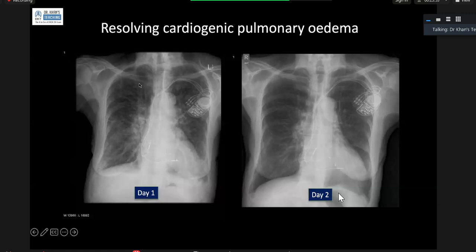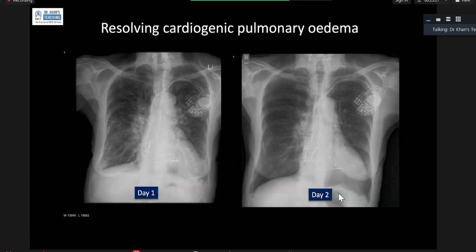Now, cardiac failure, cardiogenic pulmonary edema responds very quickly. Chest X-ray changes appear very rapidly. So this is day 1. We can see the interstitial edema all over. If treated with diuretics, you can see the pattern is all cleared, right? So that also helps us to say that this is cardiogenic edema, okay?